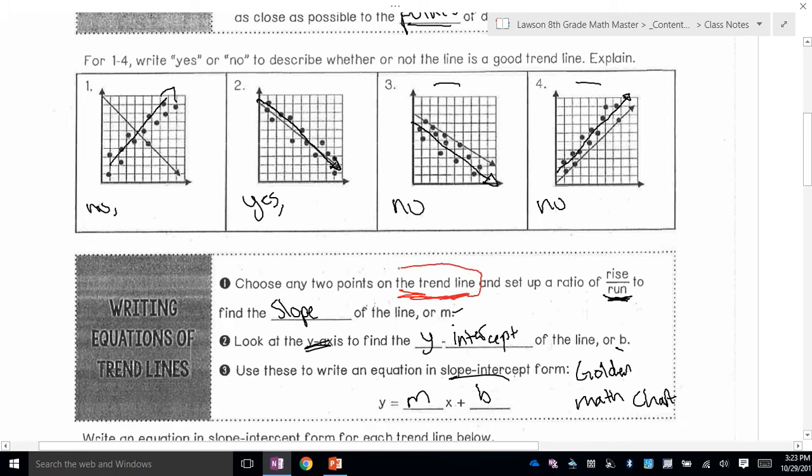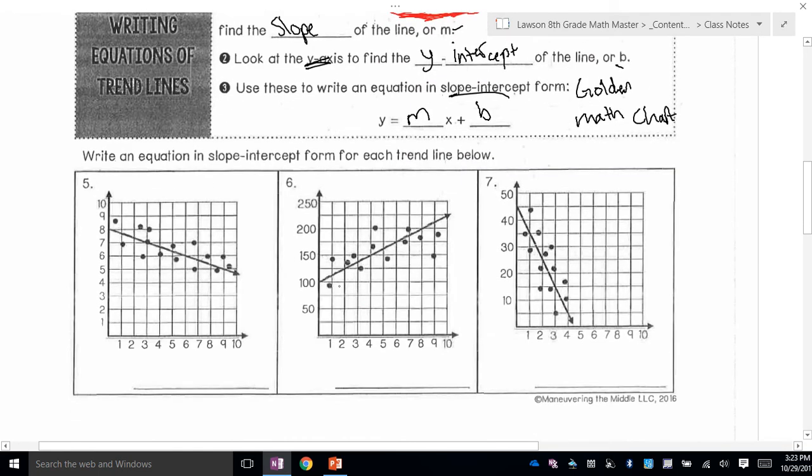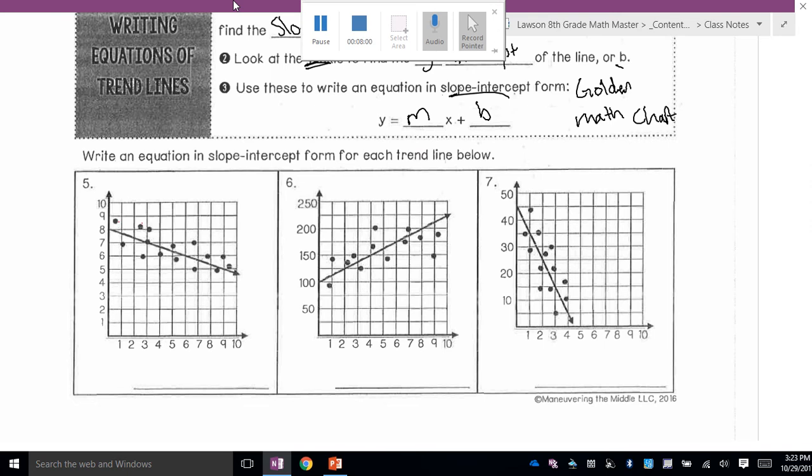I want you to box that in, highlight it, because it's very important that you don't just pick 2 points on your graph. You have to find 2 points that are on the trend line, and then you can find your slope.